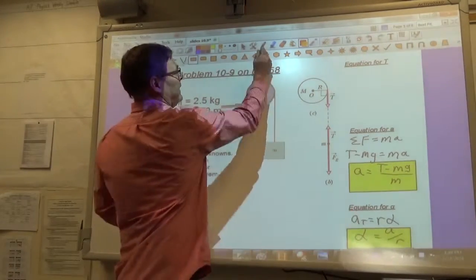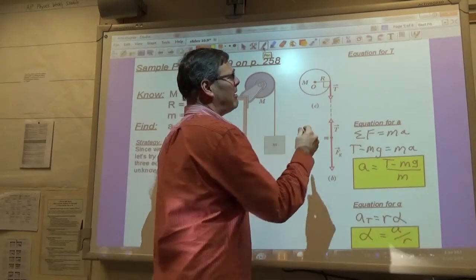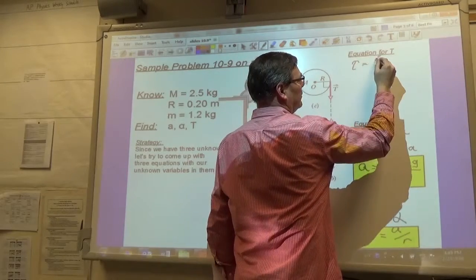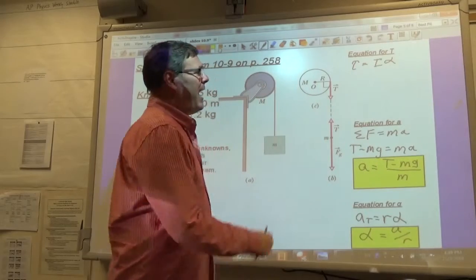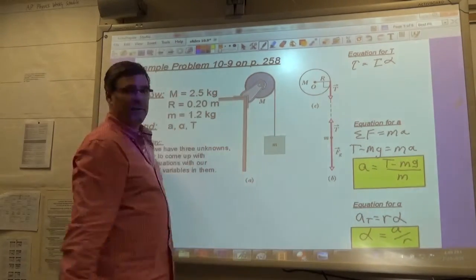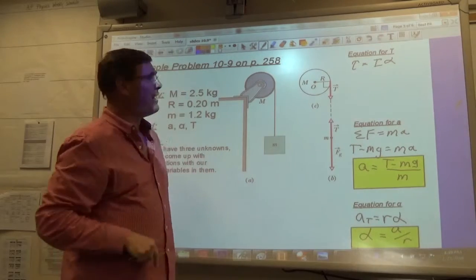And lastly, let's get an expression for the tension. I'm going to start off with my equation for torque is equal to I alpha. I is not one of my variables. Torque is not one of my variables. So I want to change those to include only the variables that I'm working with.